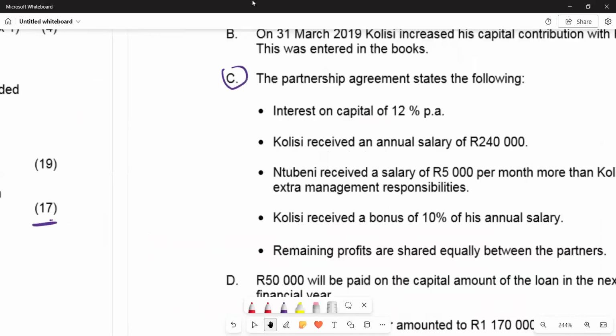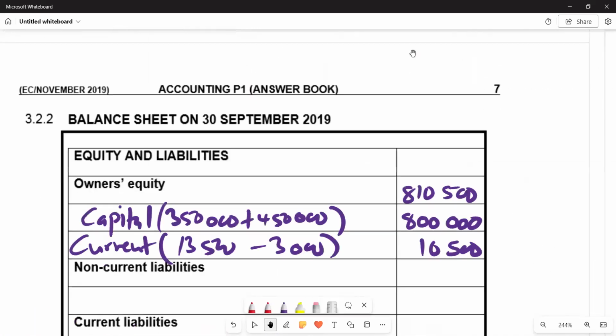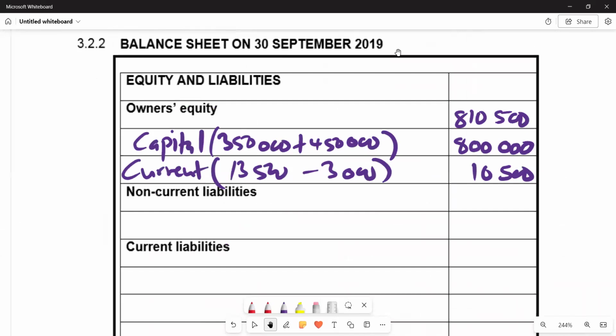In other words, we are just going to leave it blank and come back to calculate it as a balancing figure. So we have loan, Bani Bank, and we leave it blank.